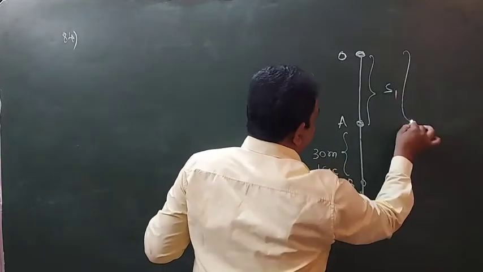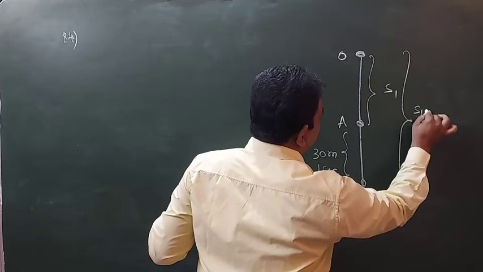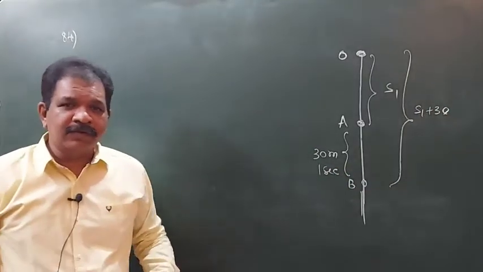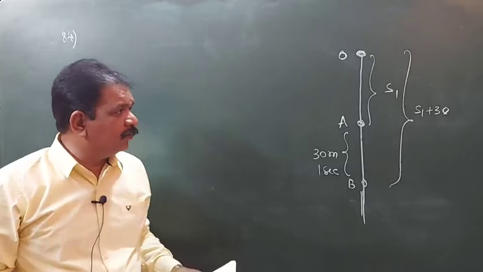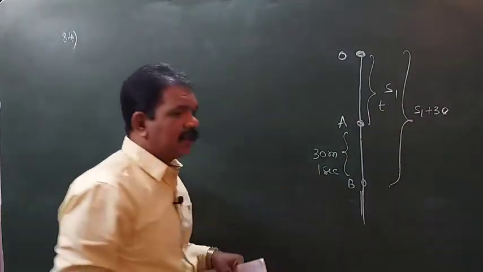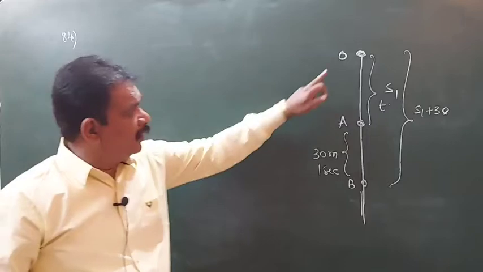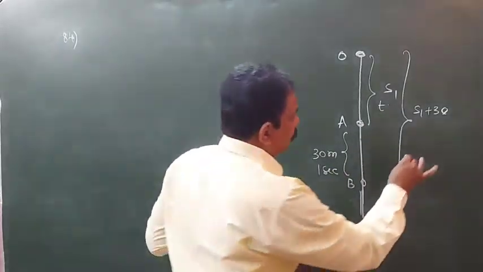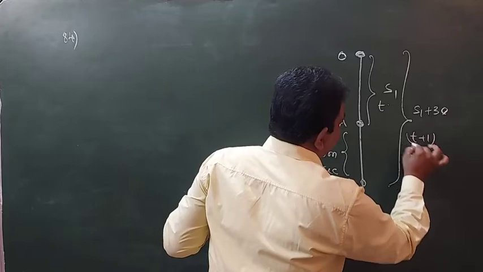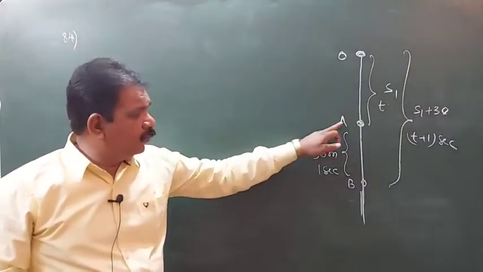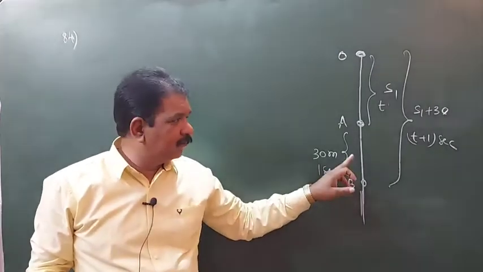So this entire distance value will be S1 plus 30. We have to calculate the S1 value. To cover this S1, I am assuming it took t seconds. Then to cover S1 plus 30, it will take t plus 1 seconds, because A to B takes 1 second.